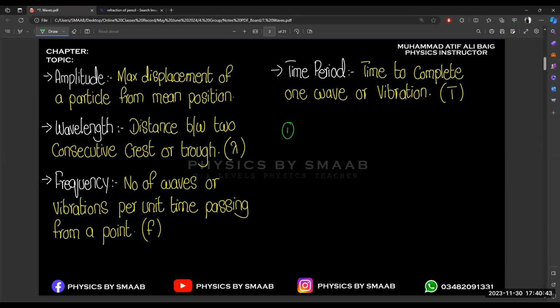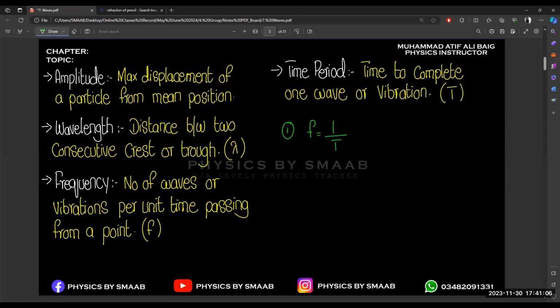So you can also calculate that unknown value with the help of this relation, that frequency is inversely proportional to the time period. And if you compare the definition, you will get the concept that in frequency, we are talking about the number of waves, and in time period, we are talking about the time to complete one wave.